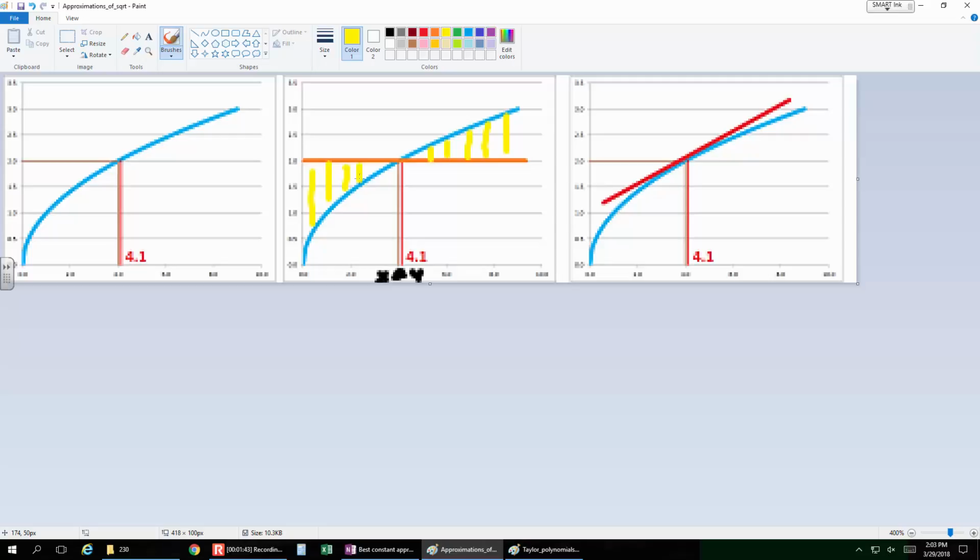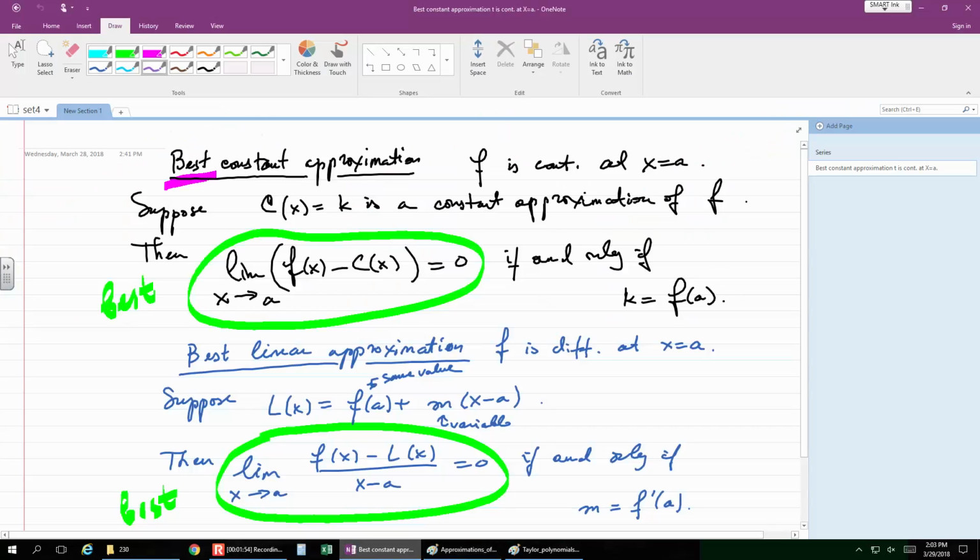The error on the left is fairly large, but on the right, this is the error. Once again, this is the difference between the two functions, the error between the function and its approximation.